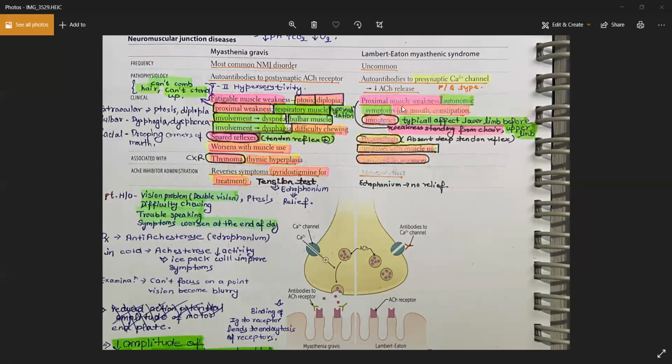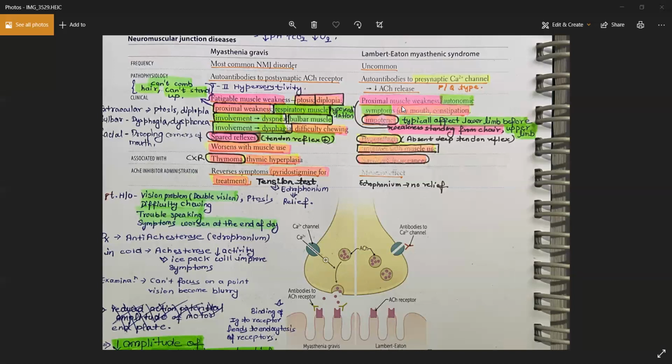With repetitive movement, Lambert-Eaton should get better. With the movement, both the conditions will get better. If you use the muscles, then the conditions will improve in both Lambert-Eaton as well as in botulism. So try another difference.